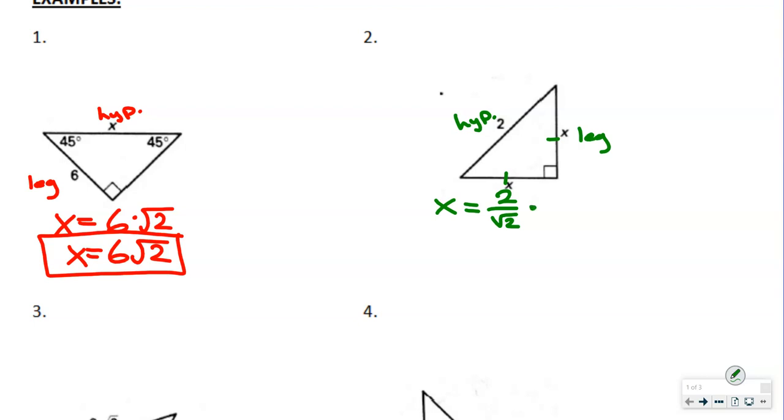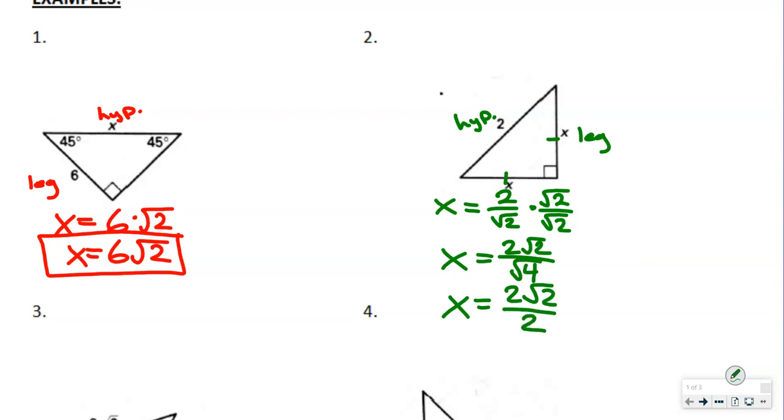So to get rid of a square root in the denominator, remember we need to multiply top and bottom by that square root, by whatever is on the bottom. So 2 times the square root of 2 is 2 square root of 2. Square root of 2 times the square root of 2 is the square root of 4, which is just 2. So we get 2 square root of 2 over 2, and our 2's cancel out. So x just equals the square root of 2.